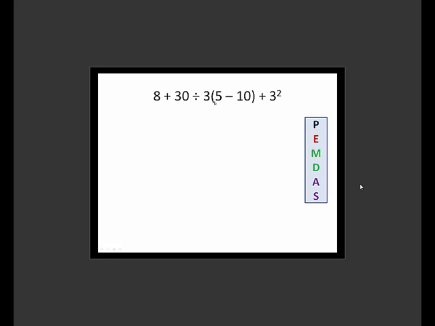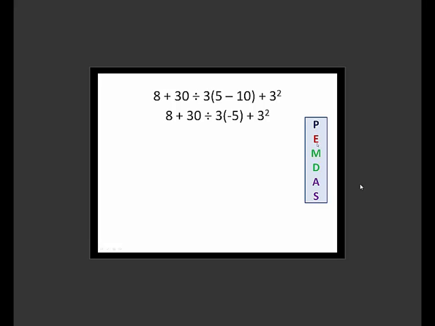Inside is 5 minus 10, so we just do that. And that gives us a quantity of -5, because there's more negatives than positives there. Notice everything else is there, we just didn't touch it. We have this parentheses still, but this is going to denote multiplication later. There's only one value there, so we're done with the parentheses.